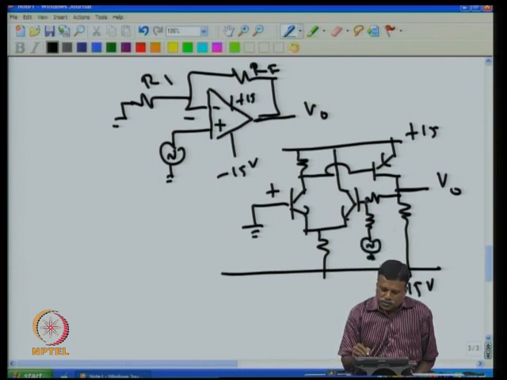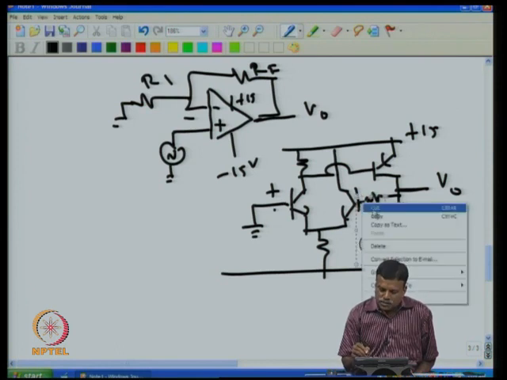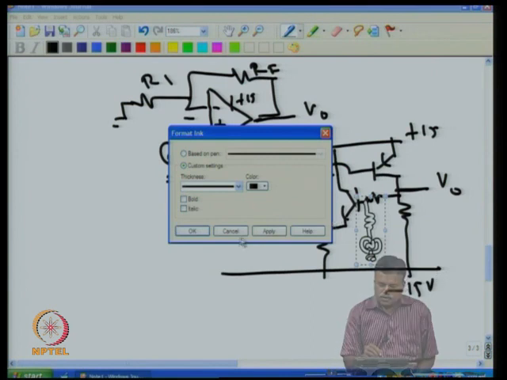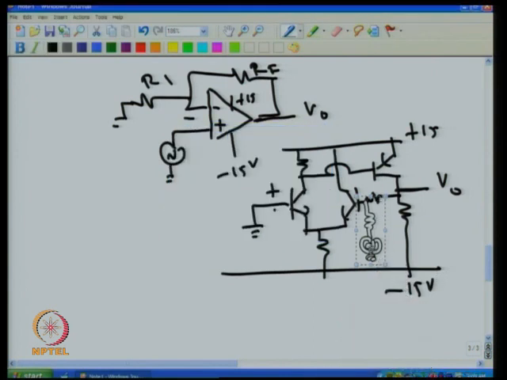Now at this point you have two contributions, one from the signal source, the other from the output. Since this is 0, this also has to come to 0. So, if this is 0, this has to come to 0, but at this point you have two contributions, one from the signal, another from the output.